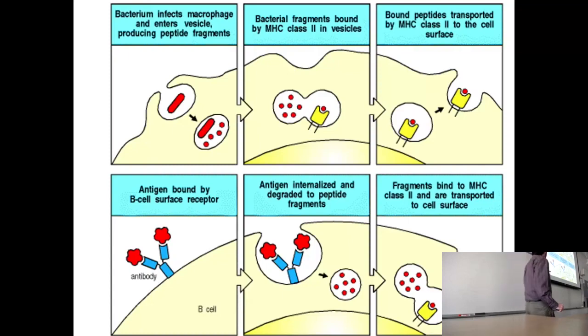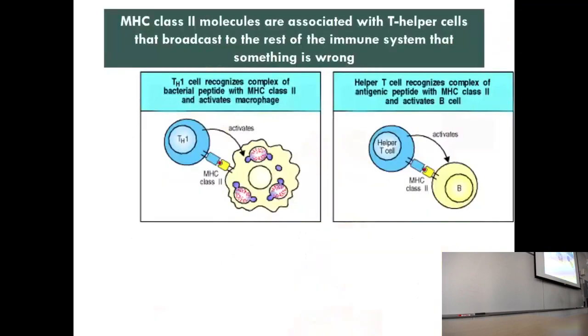Basically, the B cell doesn't have permission to activate until a T cell comes along and sees this and says, hey, I agree, this is bad news. Make more of these antibodies, start to clonally proliferate, and then everything else goes on. So T cells are how antibodies are made.